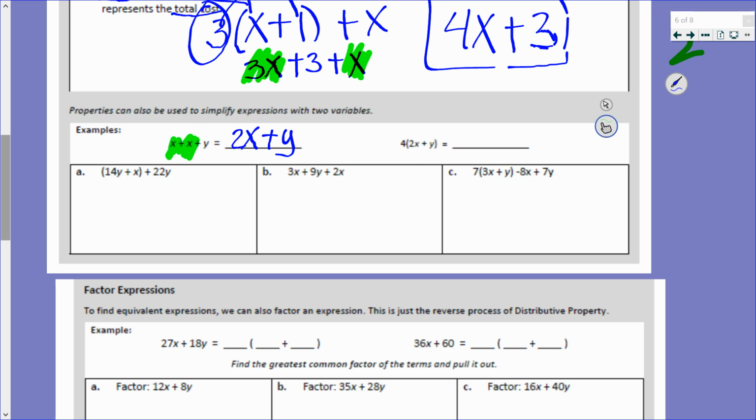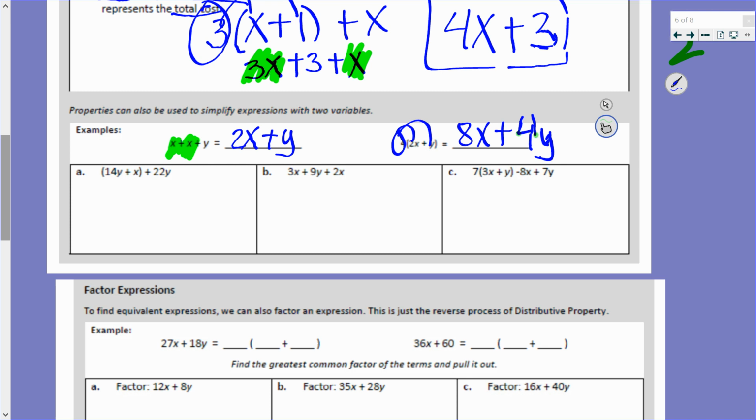All right, this next expression, what do we do when there's a number on the outside of parentheses? Yes, sir. Multiply. So 4 times 2x is 8x, plus 4 times y is 4y. Okay.